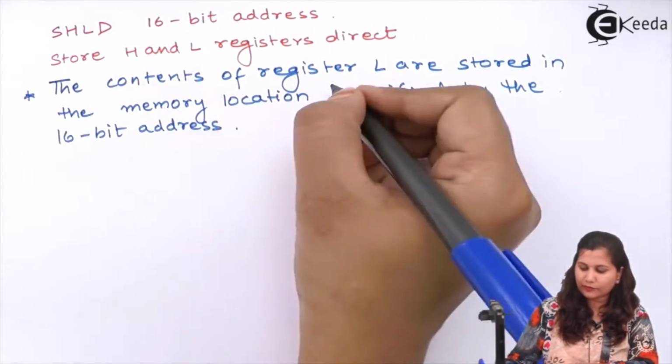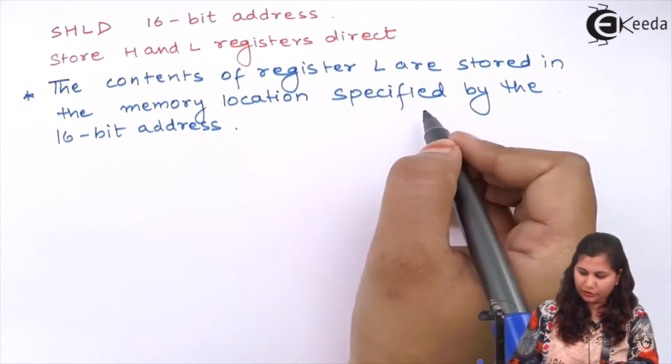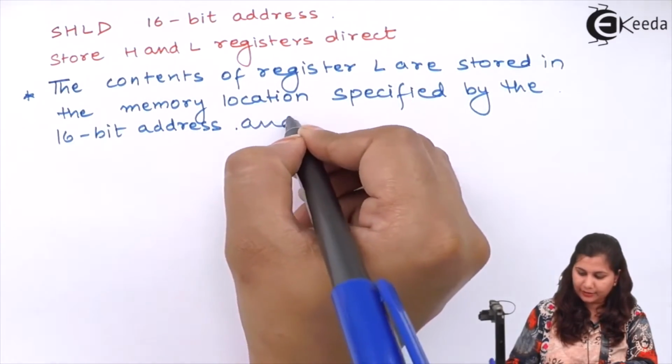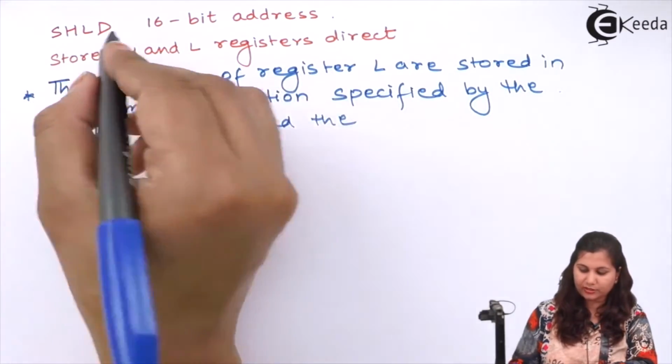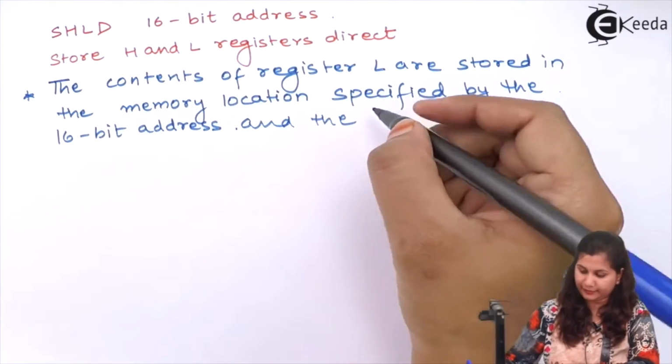So the contents of the register L are stored into the memory location specified by the 16-bit address, and the contents of the H register are stored in the memory location just after this.